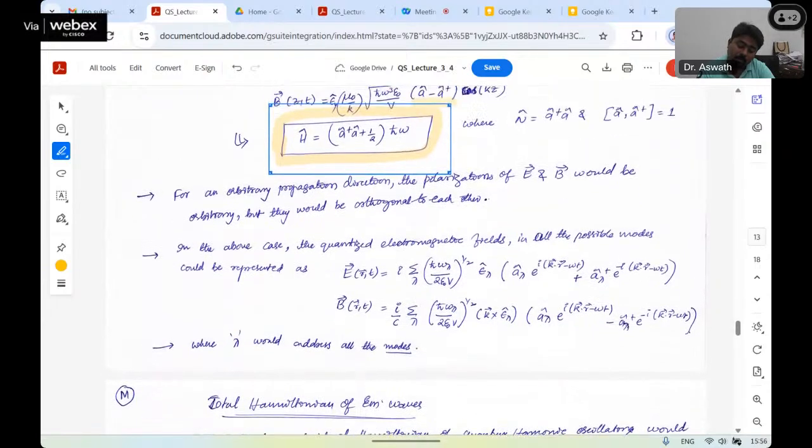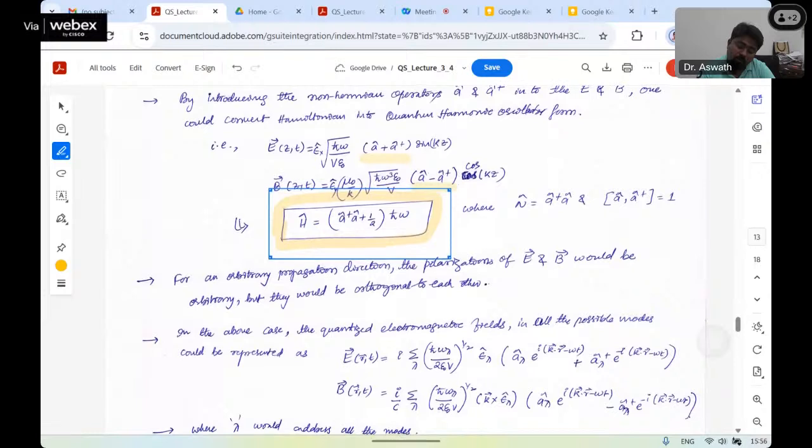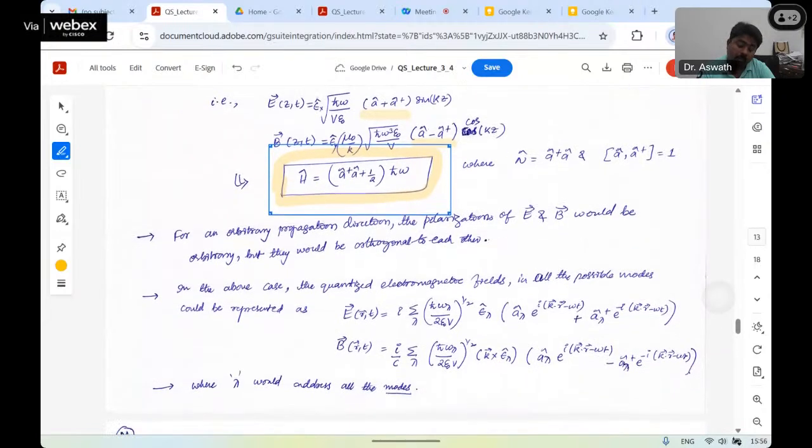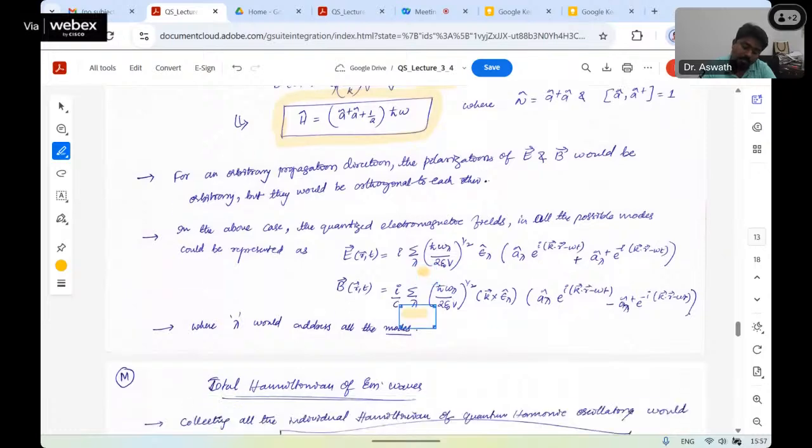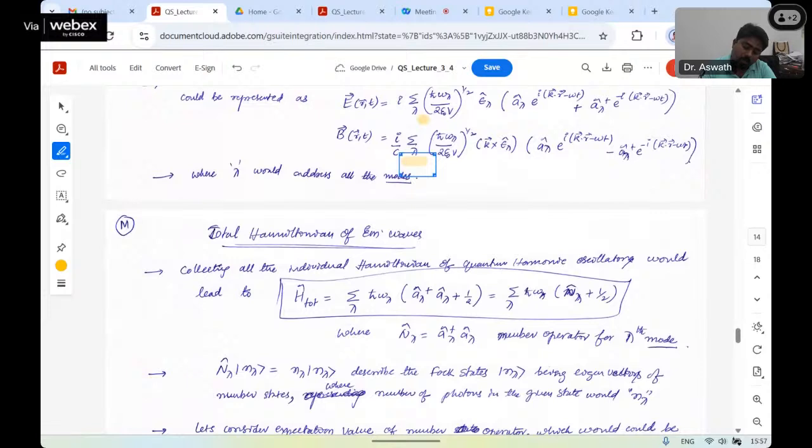Once that is done, for many modes, the total electric field would have a summation over the modes, lambdas, and the magnetic field is also a summation over lambdas. That means the Hamiltonian would also be a summation over many modes.